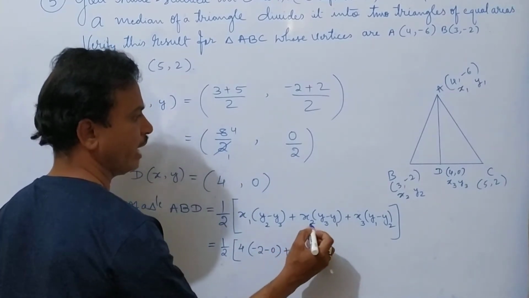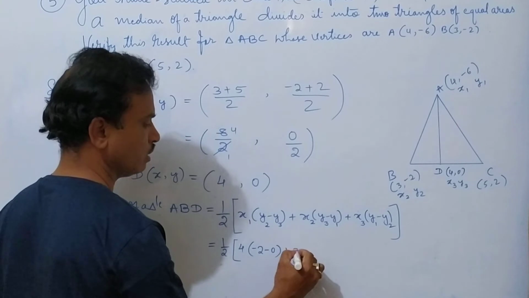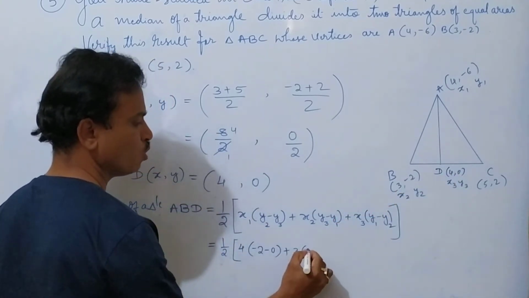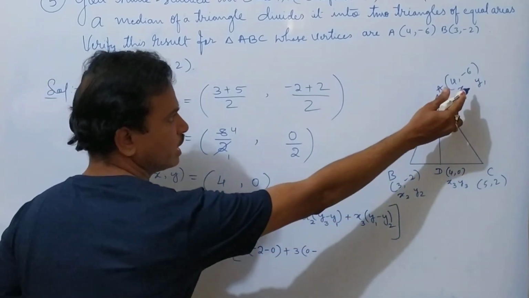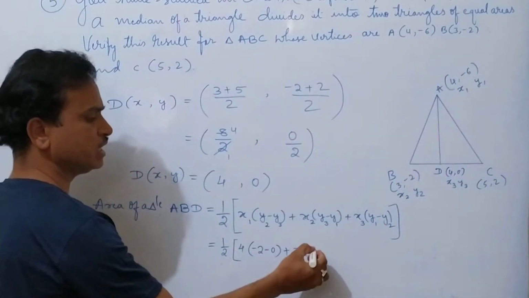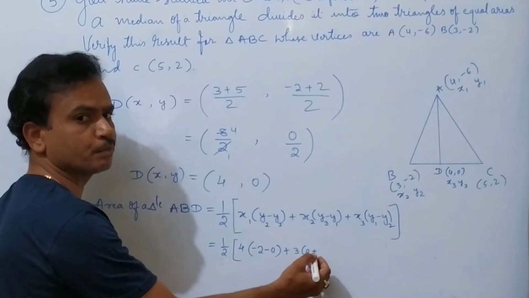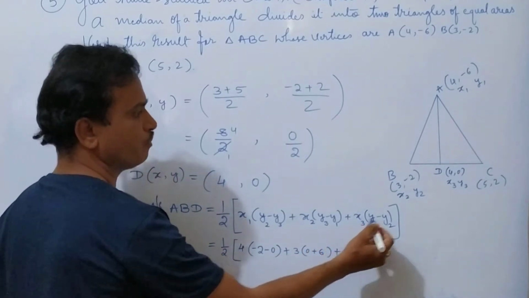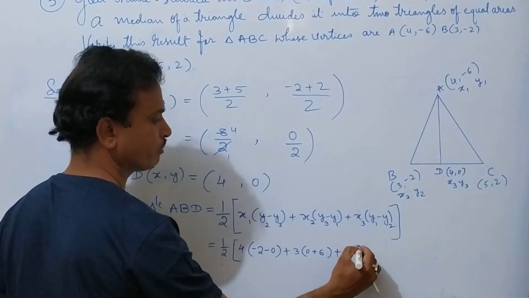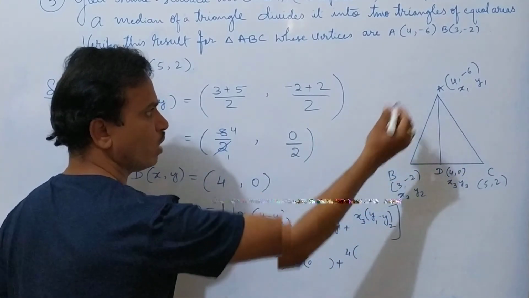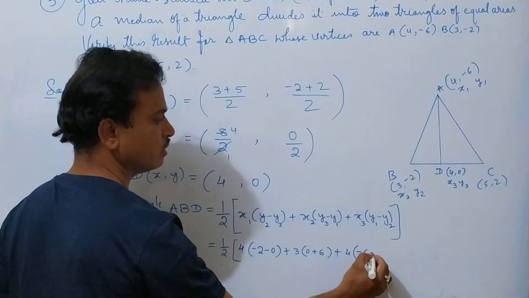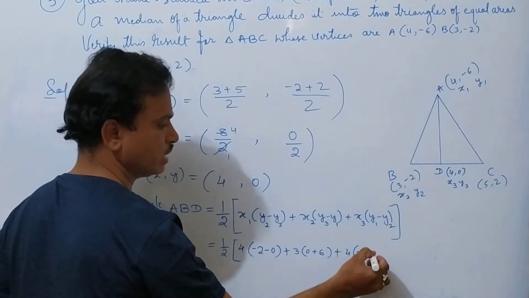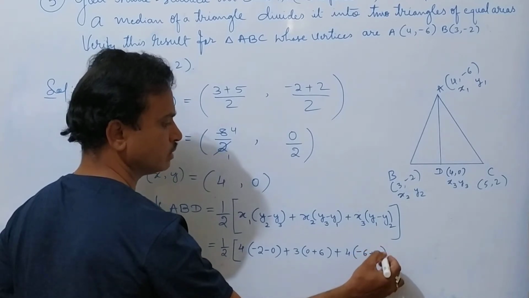Then plus x2 is 3, y3 is 0, minus y1, y1 is minus 6, so minus into minus becomes plus. Then plus x3, x3 is 4, then y1 is minus 6, minus y2, y2 is minus 2, so minus into minus becomes plus.